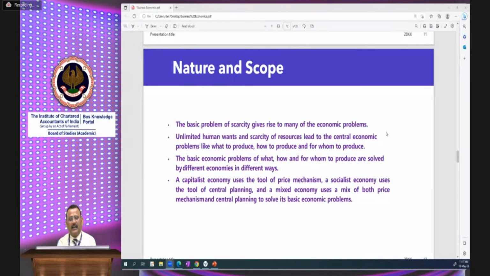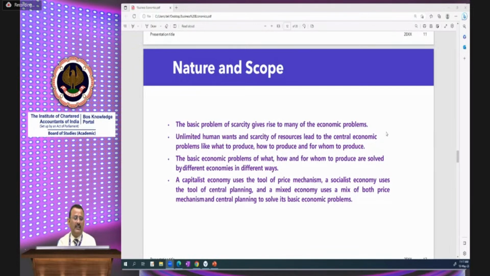Like a capitalist economy uses the tool of price mechanism. There are no external influences, while a socialist economy uses the tool of central planning, and a mixed economy uses both price mechanism and central planning to solve its basic problem.